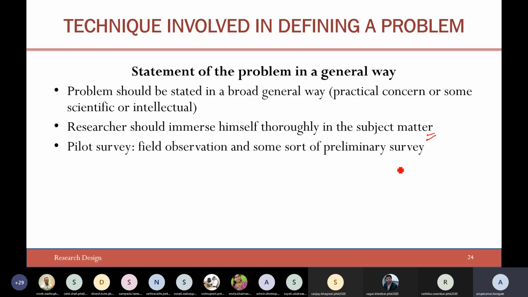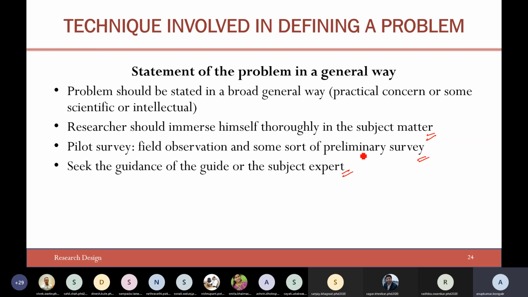Pilot survey: in other words, you have to do some kind of field survey or preliminary survey. Seek the guidance of a guide, of course. Timely, you should update your guide on your progress, so that the guide will come to know whether you are going in the right direction.